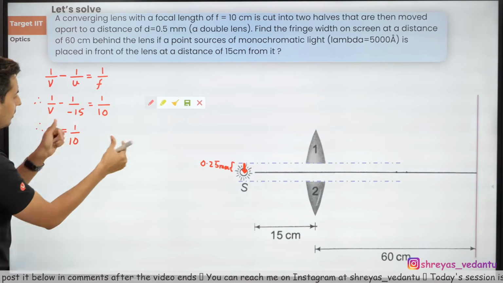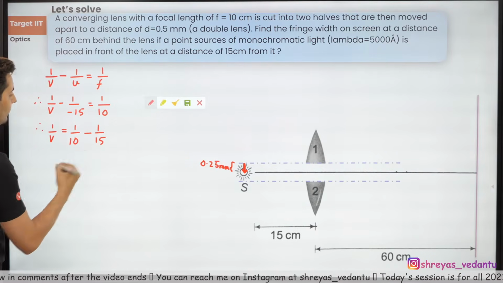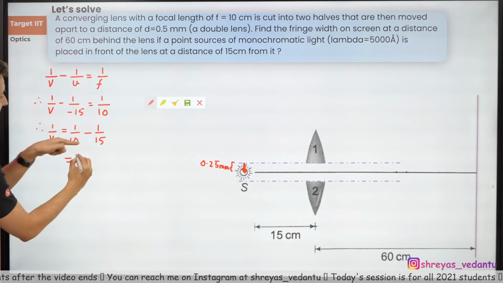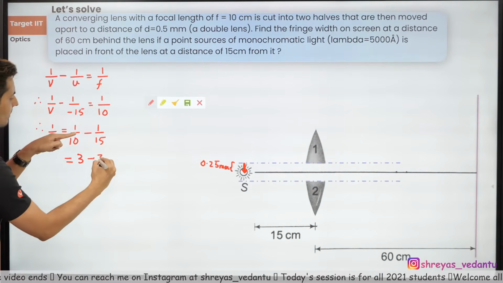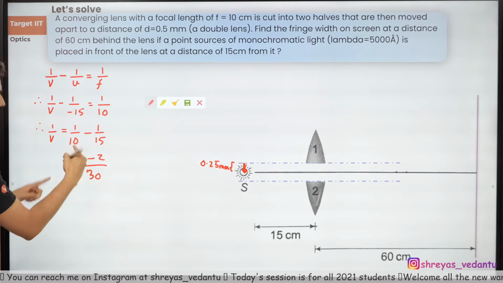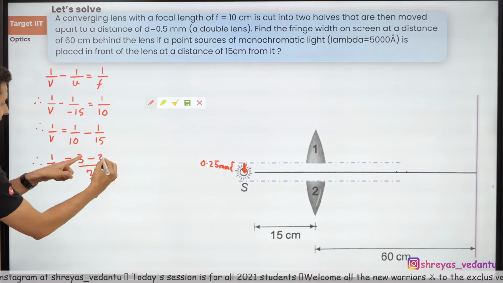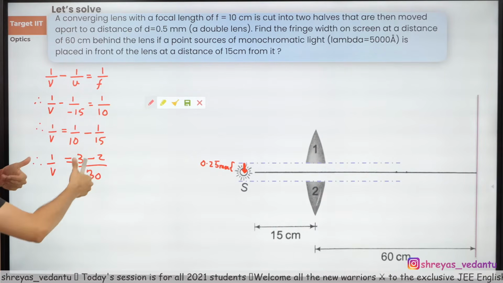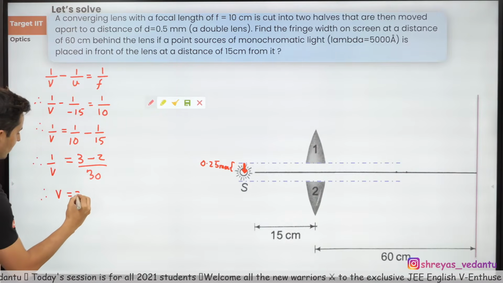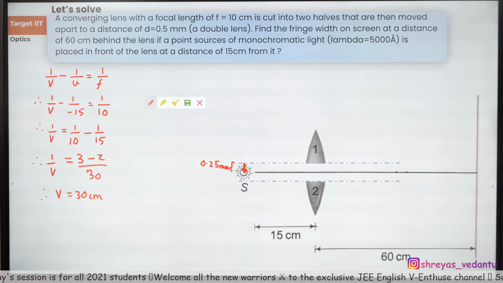Take it on the other side, it will become minus. So minus 1 by 15. Okay, so take the LCM. This will become 3 times, this will become 2 times, and this will become 30. 15 and 10, LCM is 30. So that's 1 by V. 3 minus 2 is 1, 1 by 30. Flip it. So you will get this as 30 centimeters.